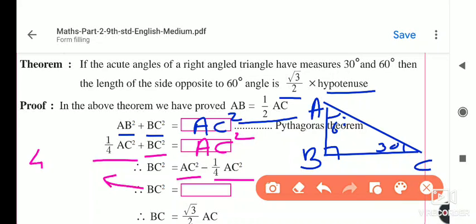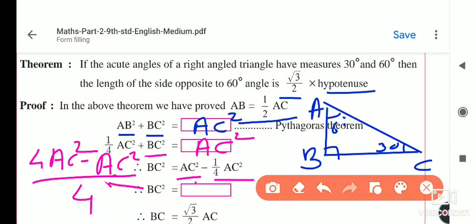The step is here I am showing: 4 AC square, with denominator 1, minus 1 AC square, divided by 4. Now 4 AC square minus 1 AC square, what we get here? 3 AC square upon 4.